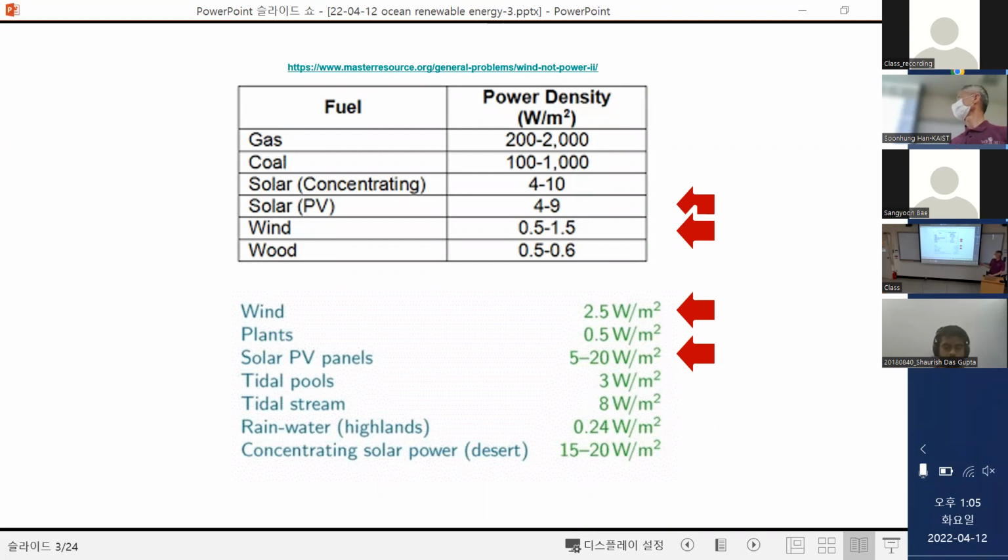Between solar and wind, this chart shows that solar is better than wind in terms of power density or energy density. But also here, solar and wind are similar. Then tidal is lower, and also solar power with concentration is a big number.